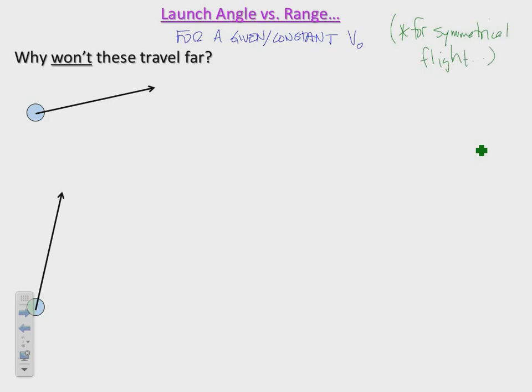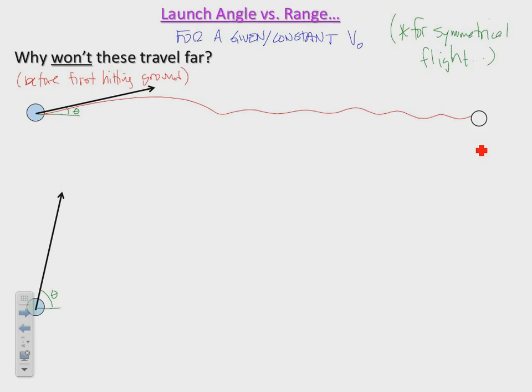All right. So if we shoot a projectile at a relatively low angle like this, or a relatively steep angle like that, these two won't end up traveling very far, and important here, before first hitting the ground. This one might bounce and roll, but we're not talking about bouncing and rolling.